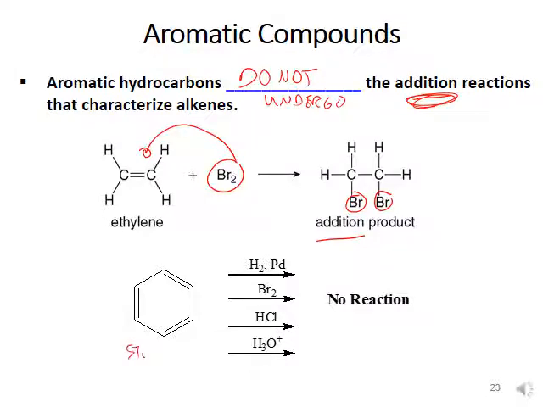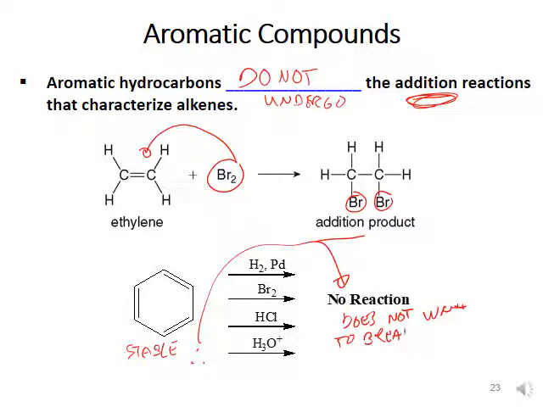this is stable, therefore it doesn't want to add, because it does not want to break up the ring. Think about it. Whenever we react Br2 with this double bond, what do we end up with?